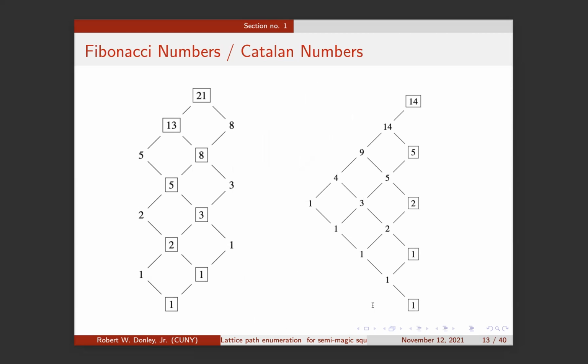Now, we're interested in Clebsch-Gordan coefficients coming from the rectangular grid, but you can back up to more famous combinatorial sequences if you play around with the shape of the poset. For instance, if I do the zigzag or the serpentine, we'll get the Fibonacci numbers up the middle.